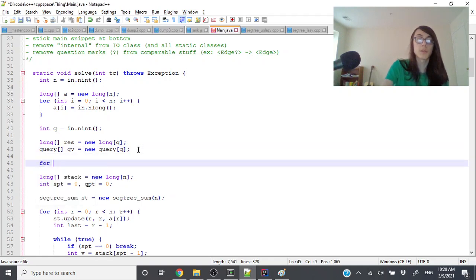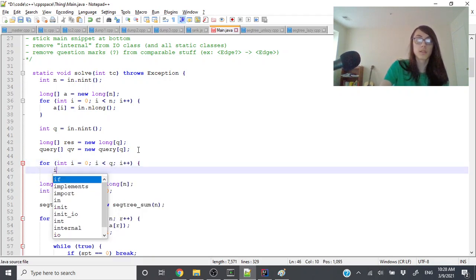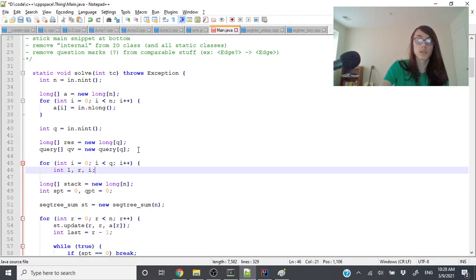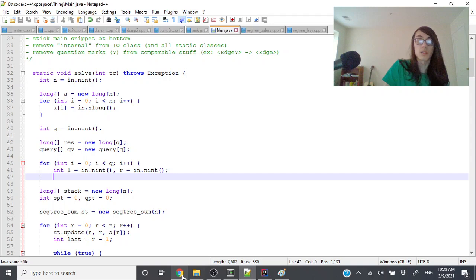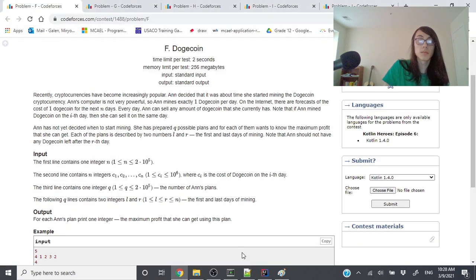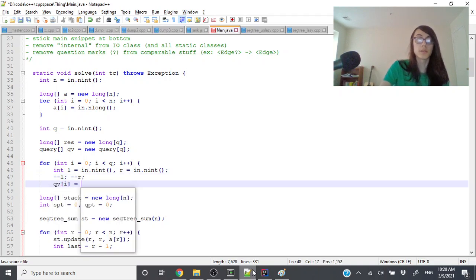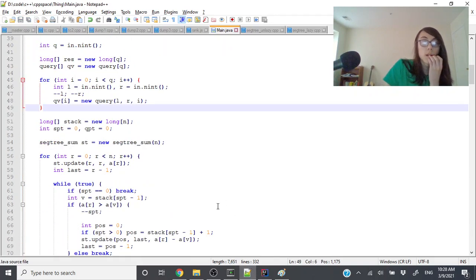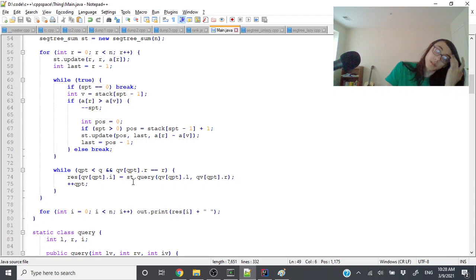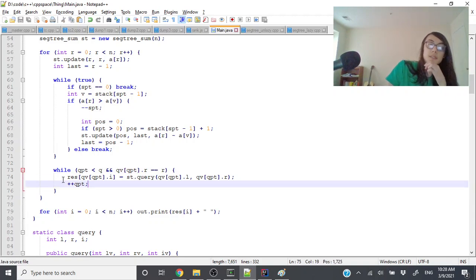Okay, now for int I equals 0 as in Q, minus L minus R. QV I equals new query L, R, I. So while this R is equal to exactly this, set the res to the query and that.